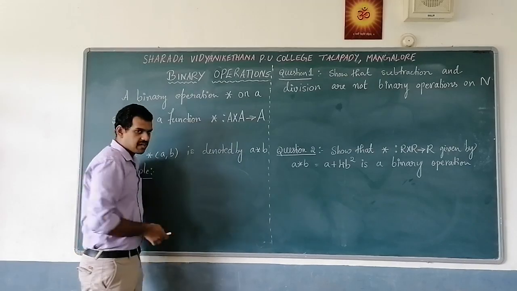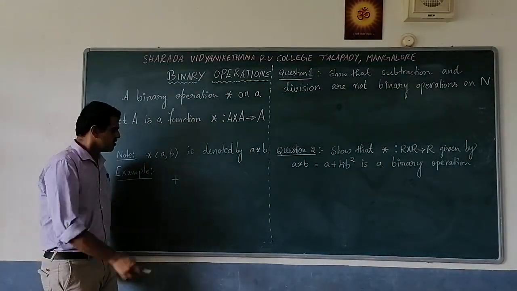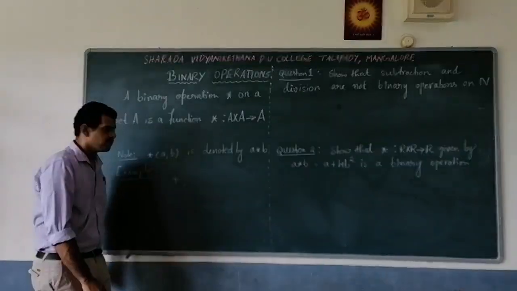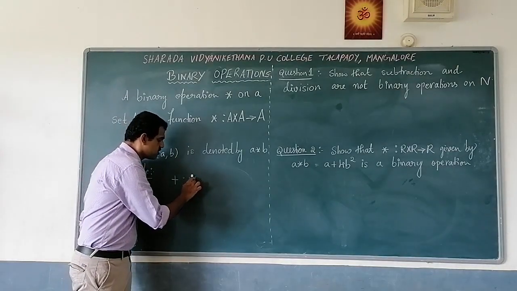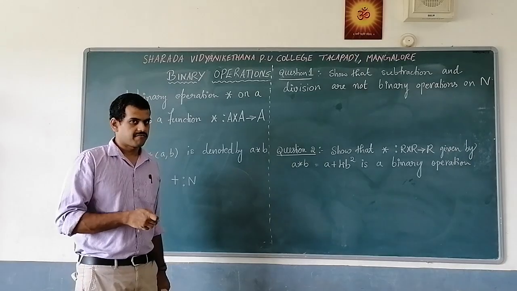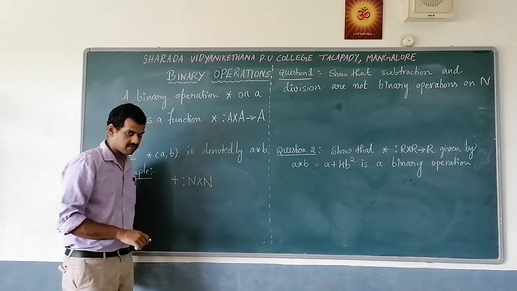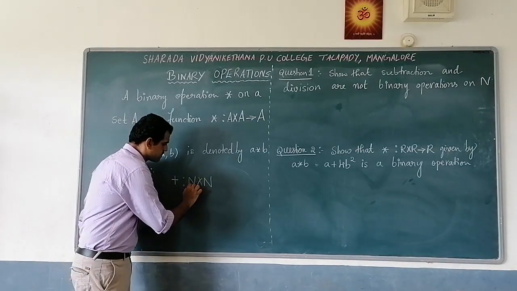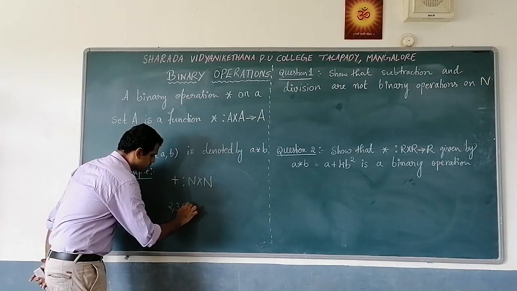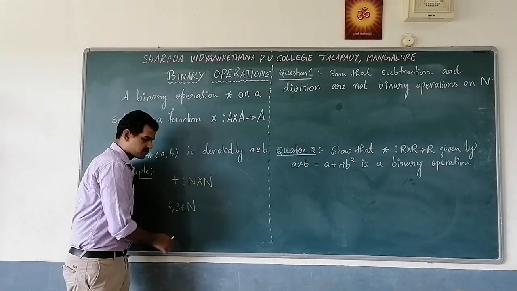Now in place of star I will take addition. Addition is the operation I am going to consider on the set of natural numbers. To perform addition, how many elements are required? 2 are required. So therefore we take the set N cross N. As an example, if I take 2 elements, 2 and 3, both are natural numbers, right?